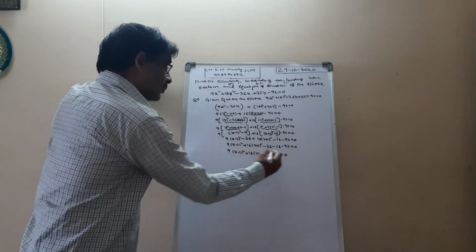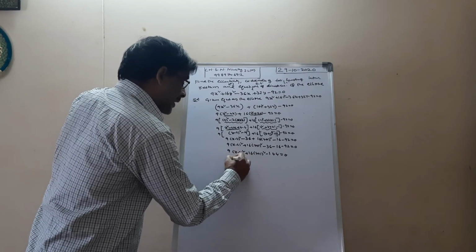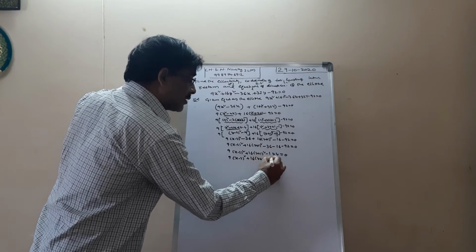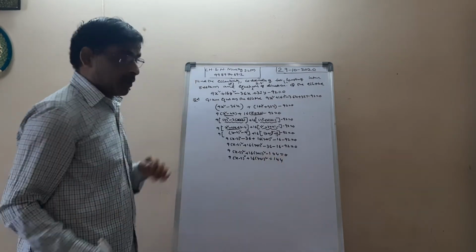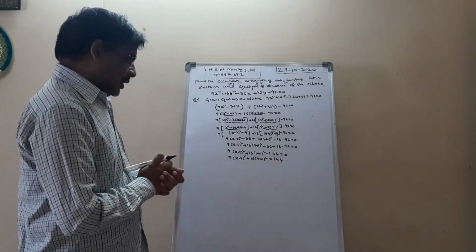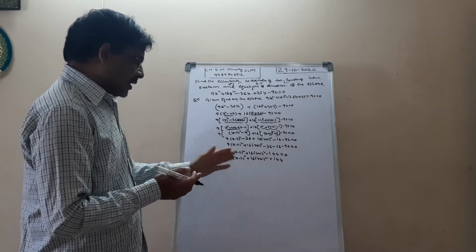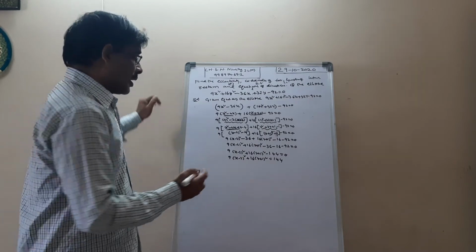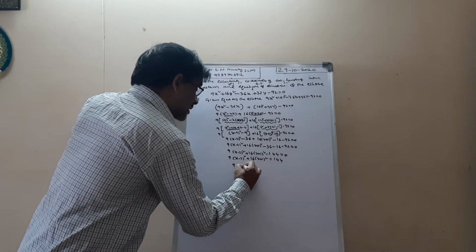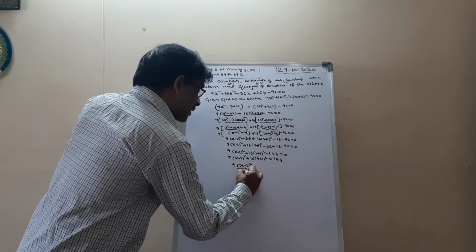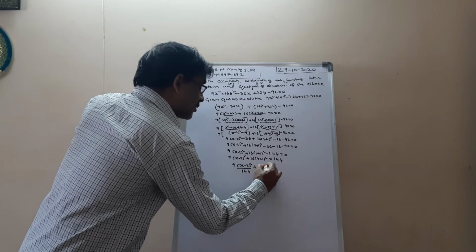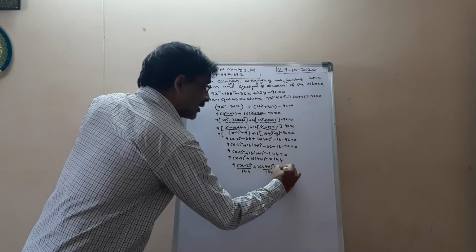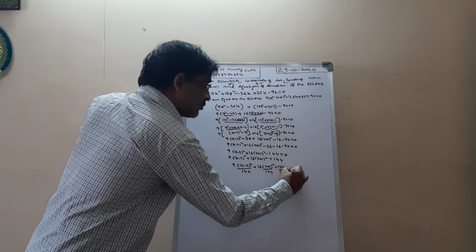Okay. 9 into x minus 2 whole square plus 16 into y plus 1 whole square equal to 144. See, to write this one in our standard form, divide by 144. What happens? 9 into x minus 2 whole square by 144 plus 16 into y plus 1 whole square by 144 equal to 144 by 144, which is equal to 1.